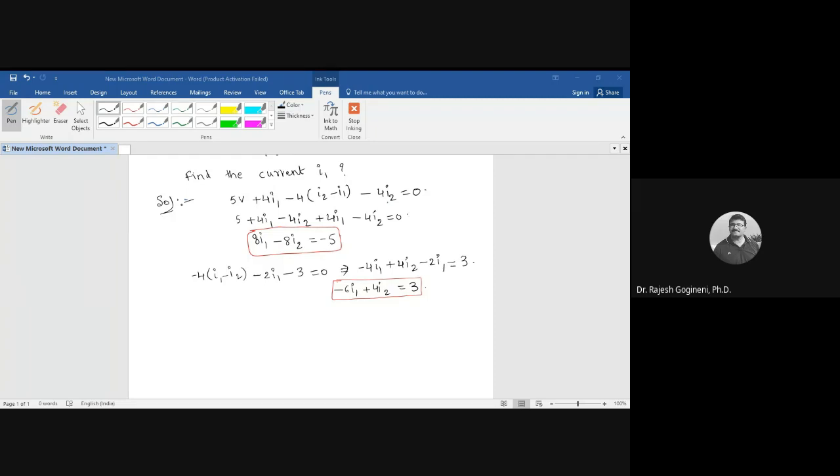What is the value of I1? What is I1? Minus 0.25 amps, right?